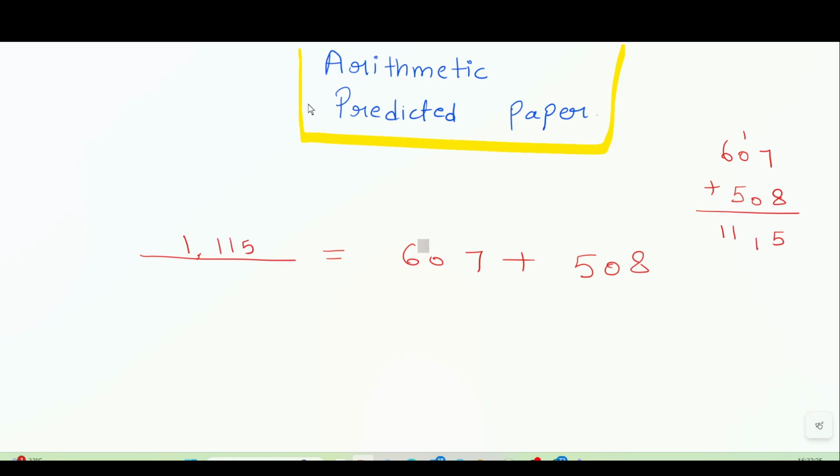The first type of questions are addition or subtraction. This is type 1. For example, there could be a decimal one. Let's say there is 2.061 plus 5.52.